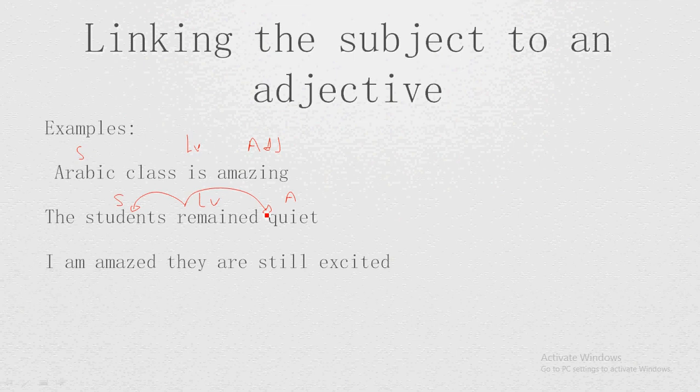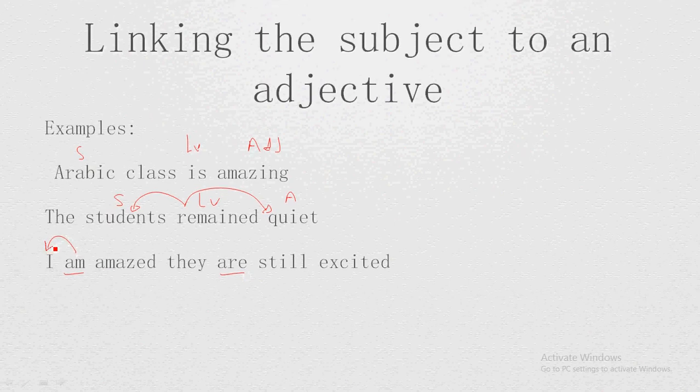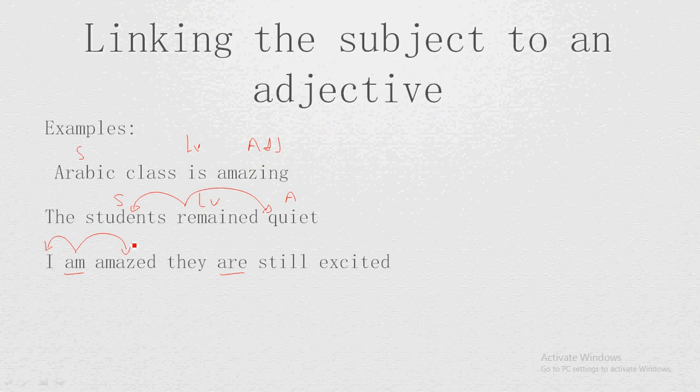Example 3. I am amazed, they are still excited. Here we have two linking verbs, am and are. Am is linking the subject I with amazed. The subject I is linked to the state of being amazed.